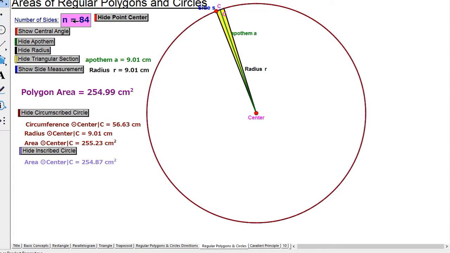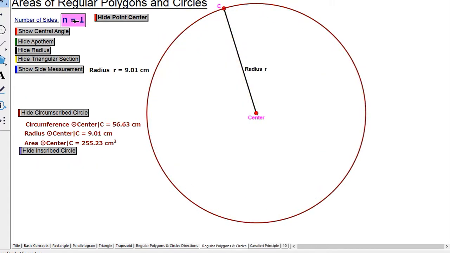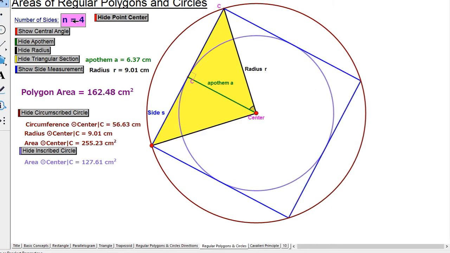Okay, several things are happening here. First of all, let's pay attention to what happens to the circles. As we increase the value of n, notice, regardless of where we are, the inside circle, the inscribed circle, has a smaller area than the polygon.